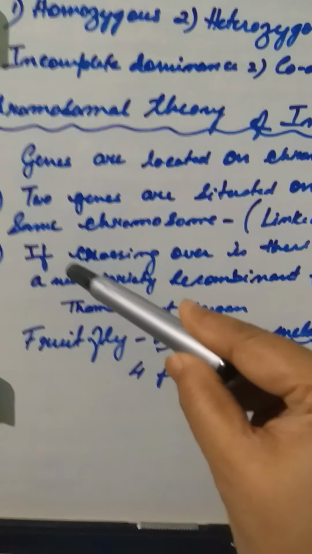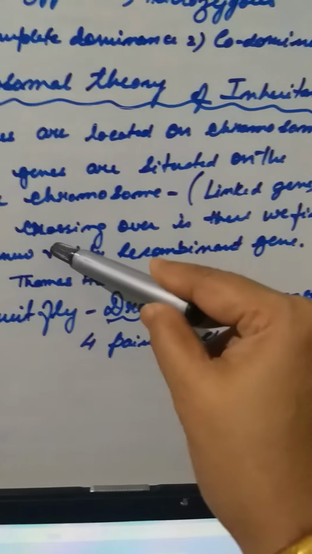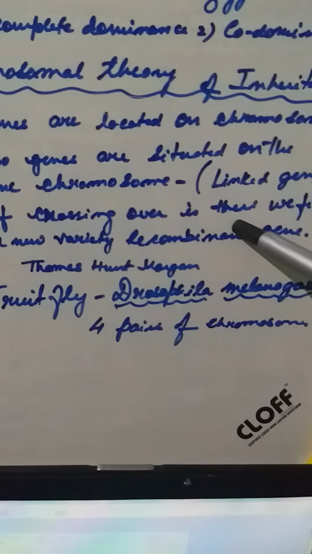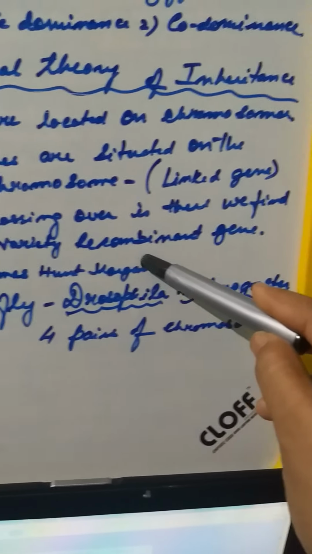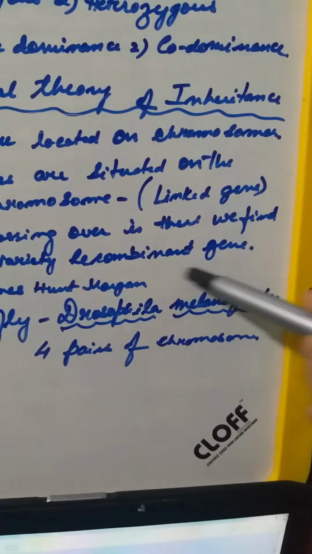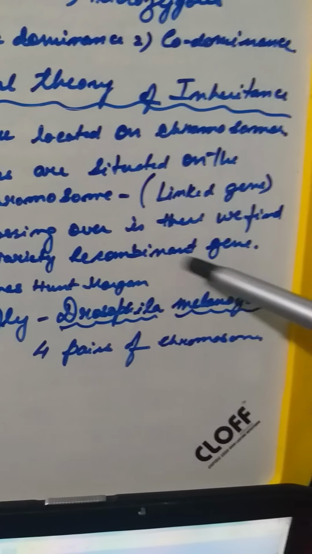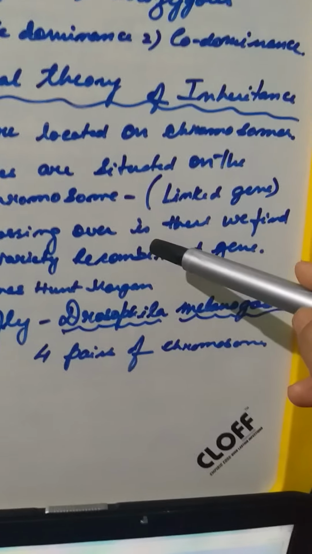Another thing we will deal with is crossing over, which means an exchange of genetic material. Then we find a new variety, known as a recombinant, and this recombination of the genetic material produces variation in the offspring.